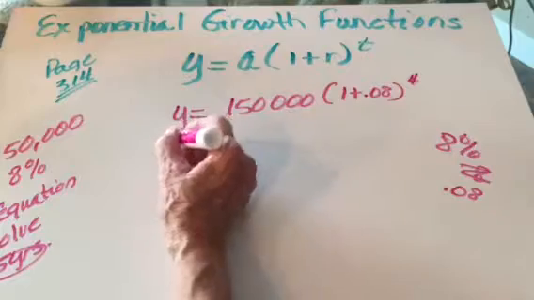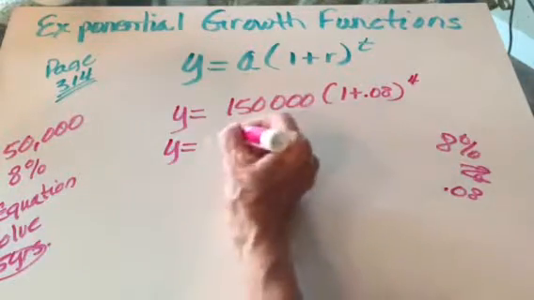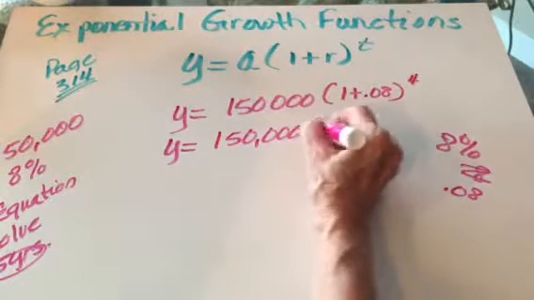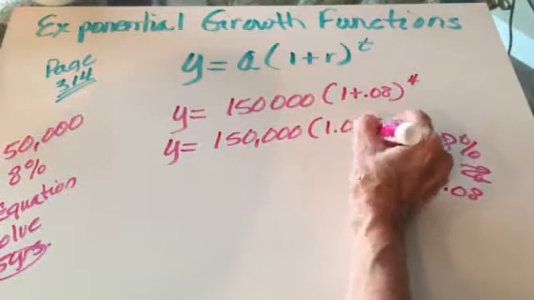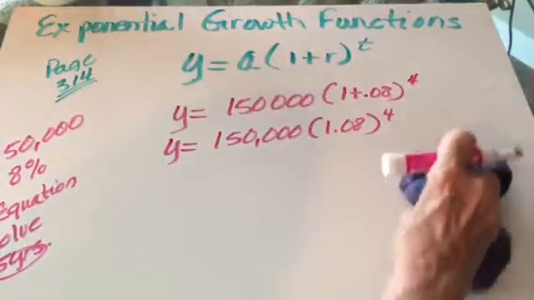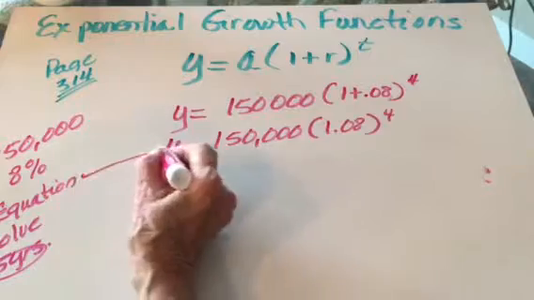Okay, so Y would equal 150,000 times, now all I have to do is add this, 1.08 to the 4th power. Now that's my equation right there. So I've already done number 1 then. This is the answer for the equation part.